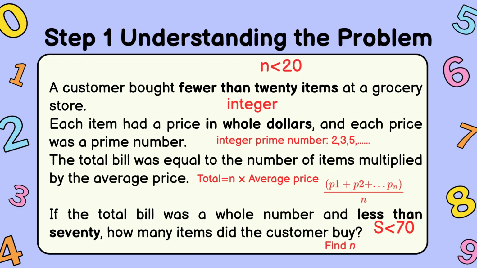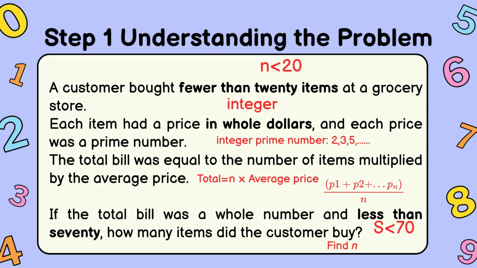In the next sentence, the total bill was equal to the number of items multiplied by the average price. The total bill means n times the average price, and the average price is calculated by adding the prime numbers of all the items and dividing by n. In the last sentence, if the total bill was a whole number and less than 70, how many items did the customer buy?